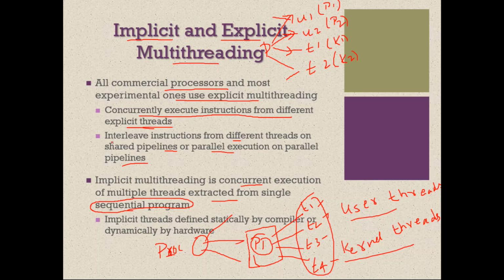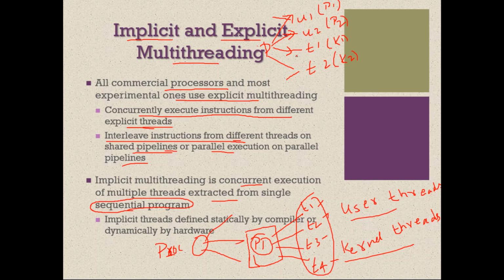Explicit multi-threading can be achieved by interleaving instructions from different threads on shared pipelines. Interleaving means context switching: there are multiple threads, and we execute one thread for some time, then another thread for some other time, and another thread for some other time.